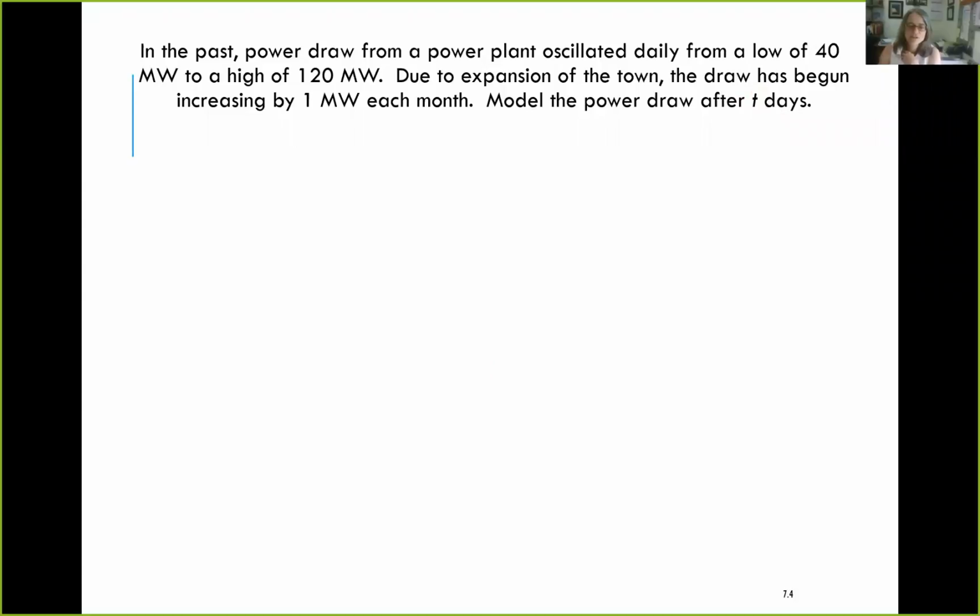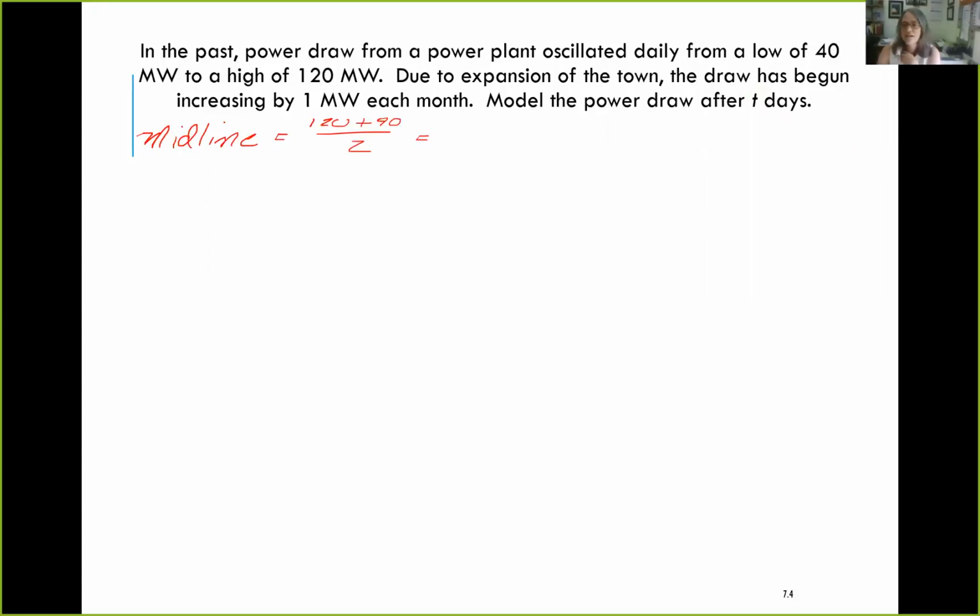Okay, again, we're going to start with the midline. In this case, the midline is not given to us, but we've got a low and a high. So the midline is going to be halfway in between those. 120 plus 40 divided by 2 is 80.